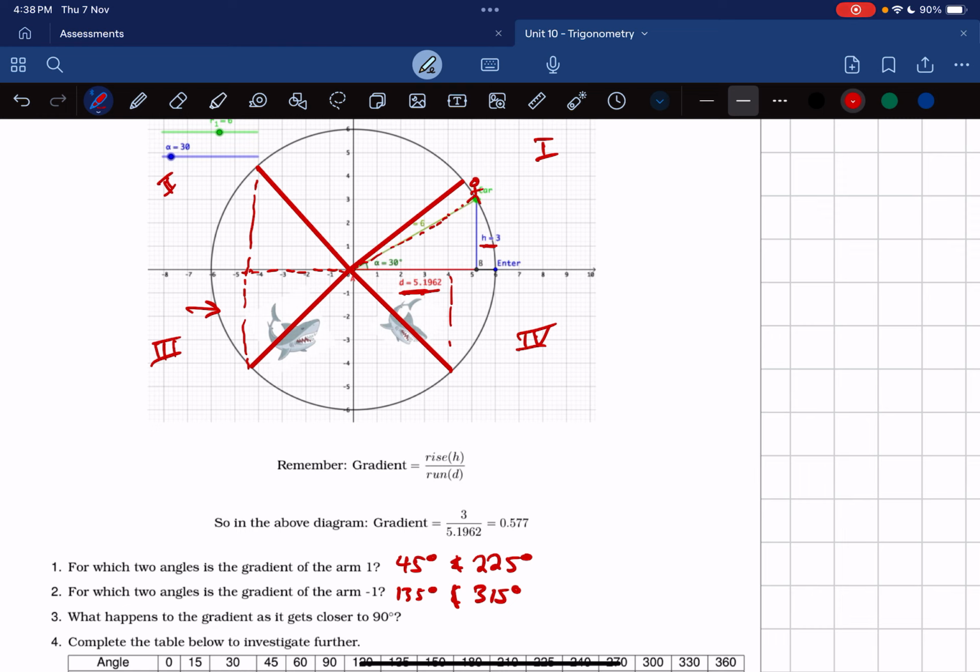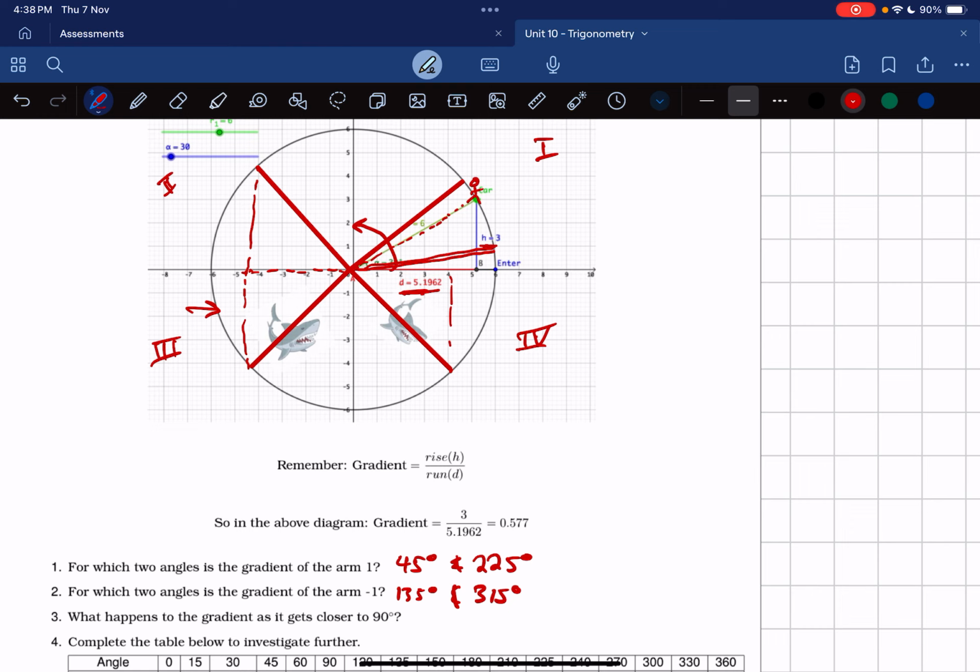Okay, answering number 3, what happens to the gradient as it gets closer to 90? So as my angle starts off here at 0 and starts working its way to 90, well, at 0, or at a really, really small angle, something like that, our gradient, I think we can see, is positive, but it's really small, right? It's really shallow.